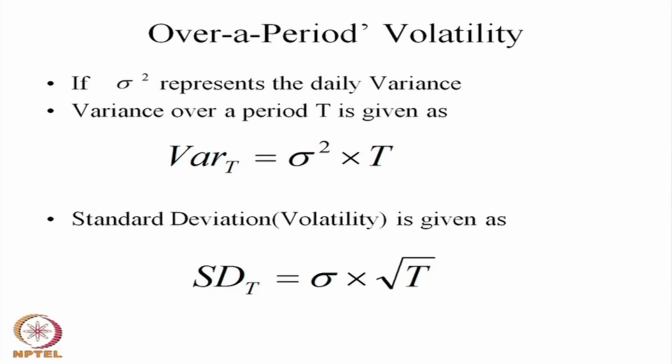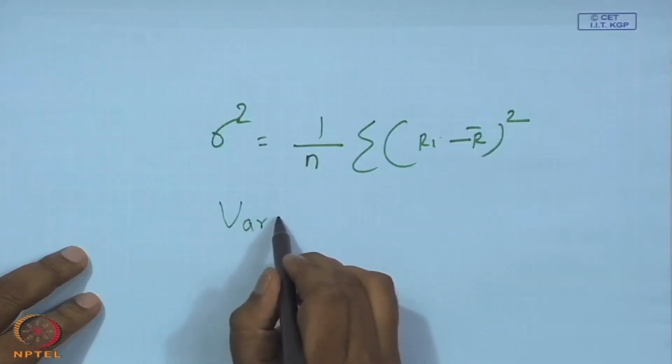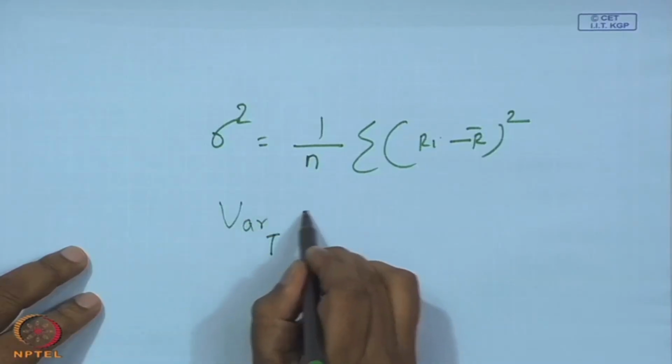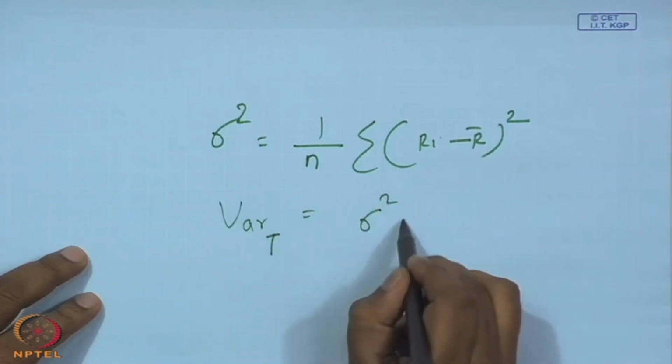These are daily returns, but you may need weekly or monthly returns. Then the question is how you can calculate the variance over a period of time. So, we call the variance for a period of t nothing but sigma square, the variance, into t.